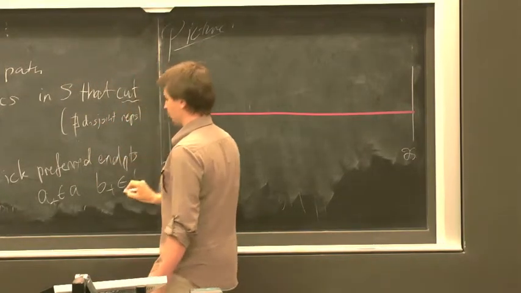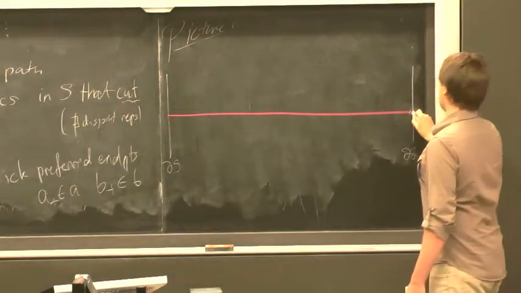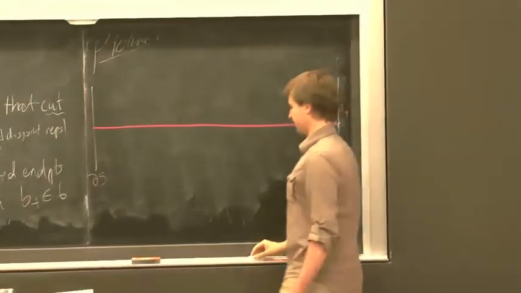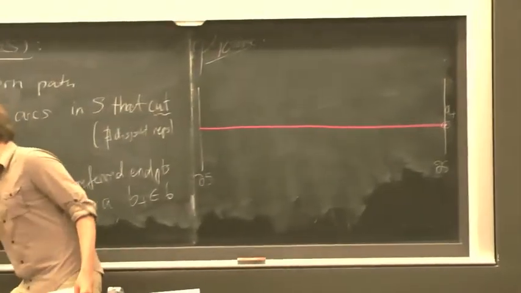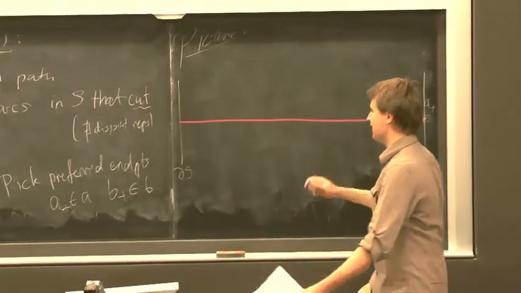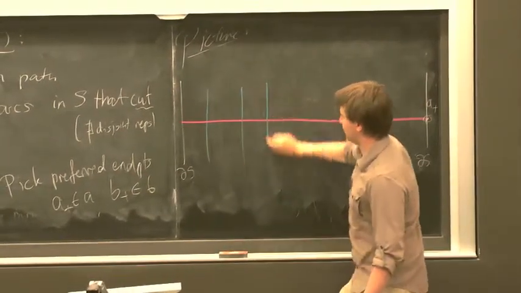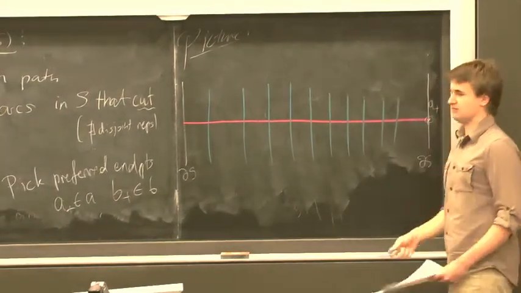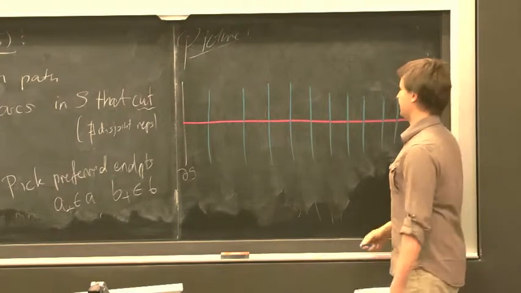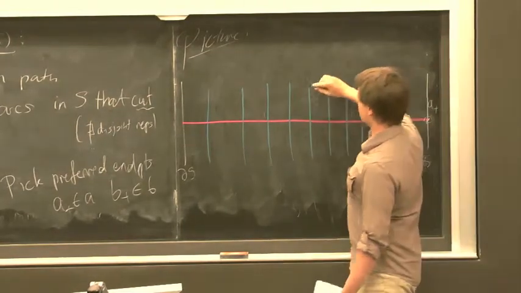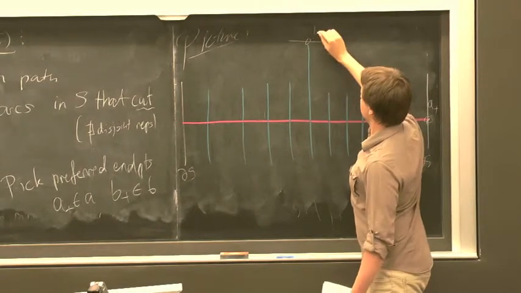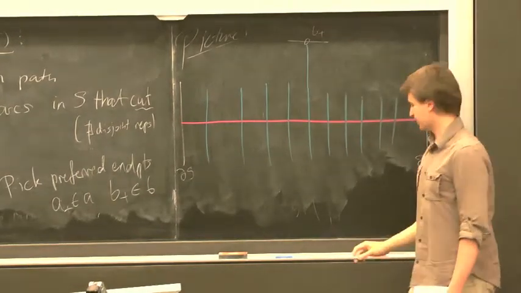This endpoint is going to be A plus. A is red. And B is going to cut A, so it's going to come through many times and hit A. So this is a really local picture at the moment. Now one of these arcs is going to go up to the boundary and have an endpoint B plus.